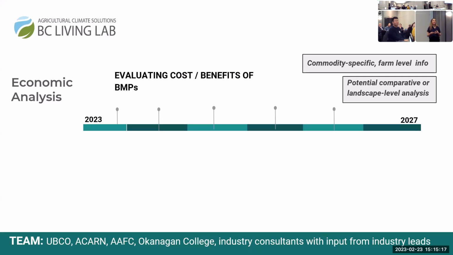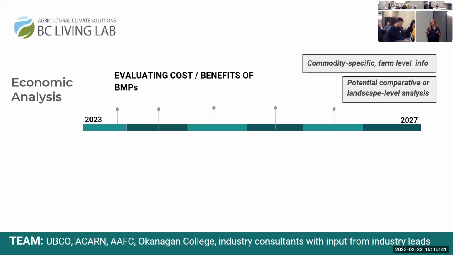In many cases, the industry partners have specific consultants or people that they're working with that will be doing this cost benefit analysis. But on the UBC Okanagan side, there is an interest in collecting consistent information as much as possible, although there are a lot of industry specific ways that this information needs to be collected.